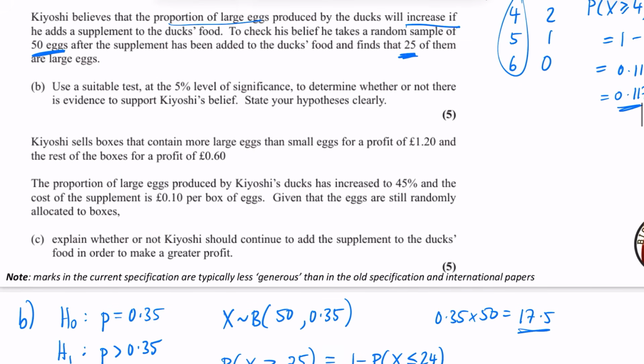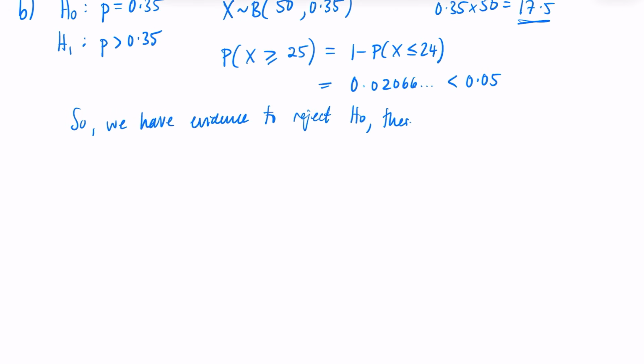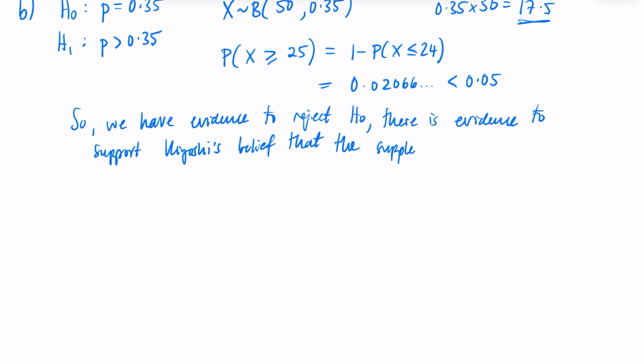So we're going to say there is evidence to support Kiyoshi's belief. And I'm going to be really extra, I'm going to give all the information just in case it's what they want: that the supplement increases the proportion of large eggs.